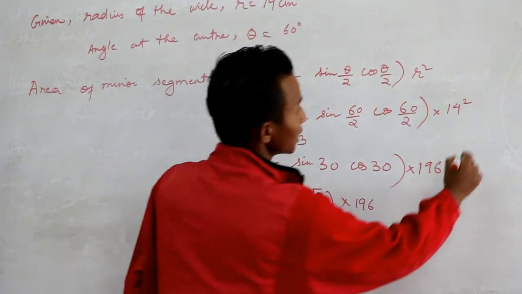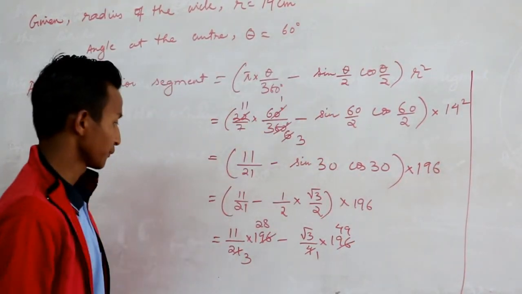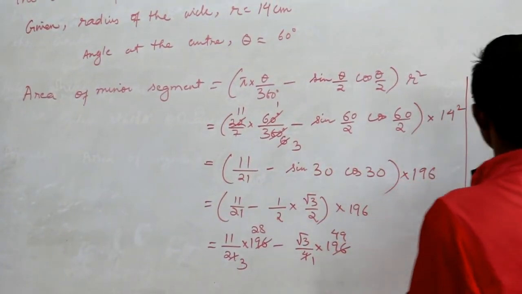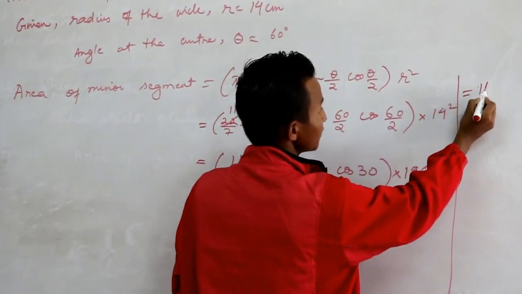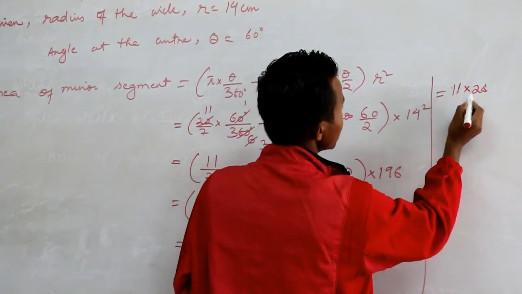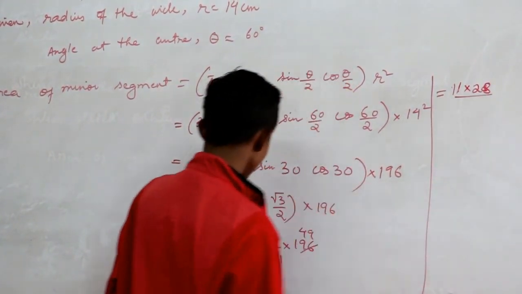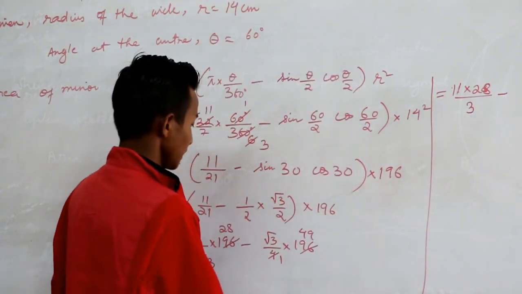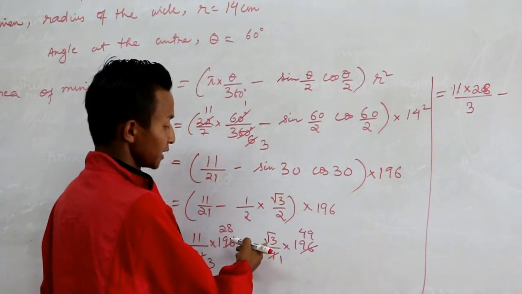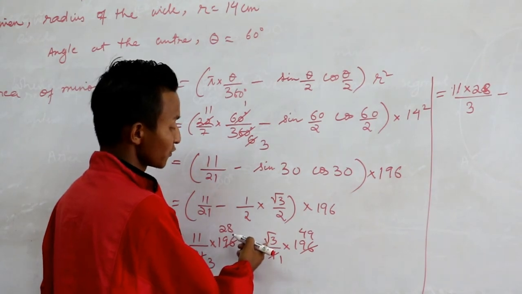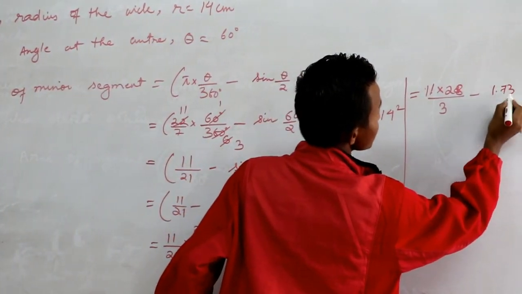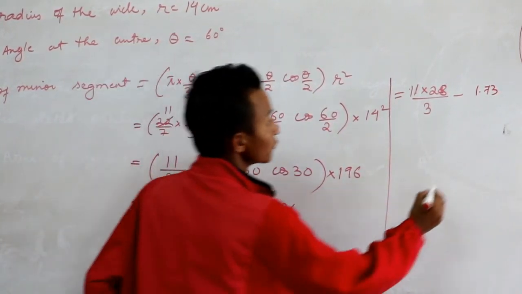So we are left with 11 into 28 divided by 3 minus, let us put the approximate value of root 3, which is 1.73 into 49.